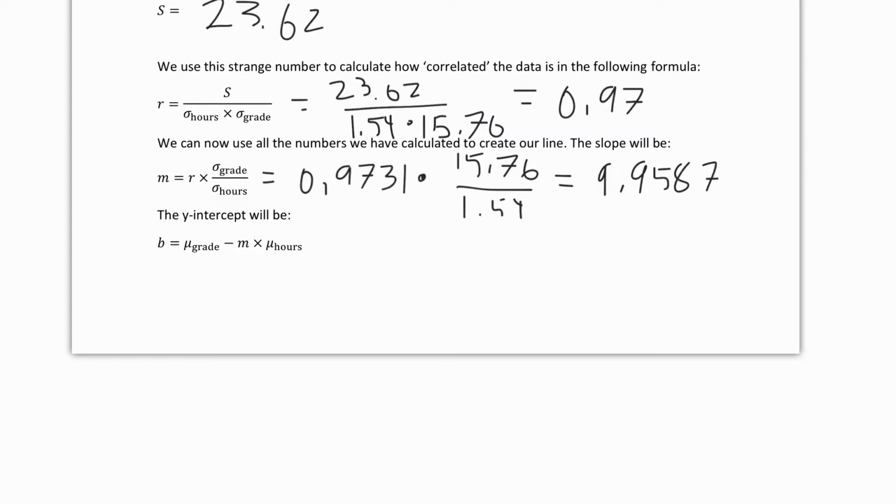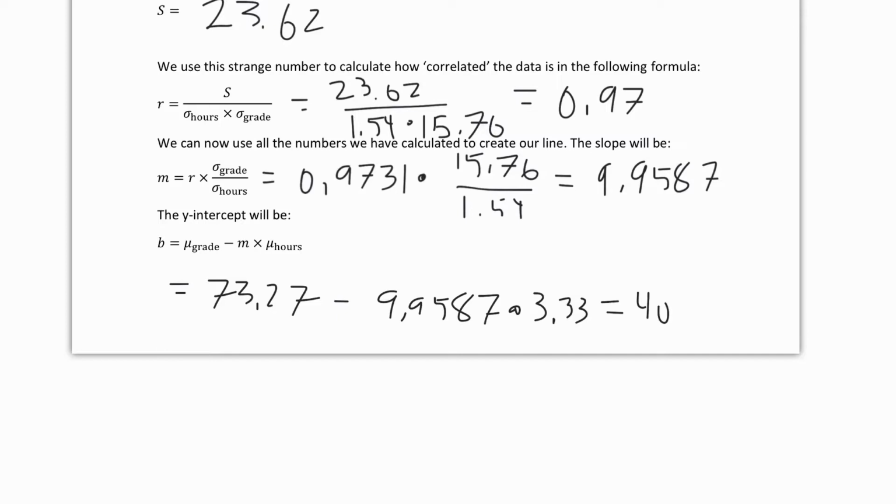For our B value, we find the average for the grade, which was 73.27. We subtract M, so subtract 9.9587 times our standard deviation for our hours, which was 3.33. And that gives us 40.1076.